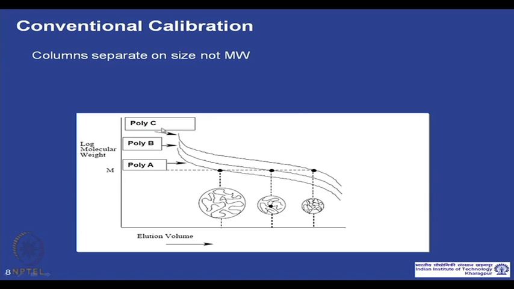If you have three different polymers, as I was explaining, for a given molecular weight their sizes could be different depending upon the value of K and A, or the intrinsic viscosity, and they form different calibration curves. So, if we use a calibration curve constructed for polymer A and use the same calibration curve for polymer B, then the error will be erratic. That is what we have been explaining till now.